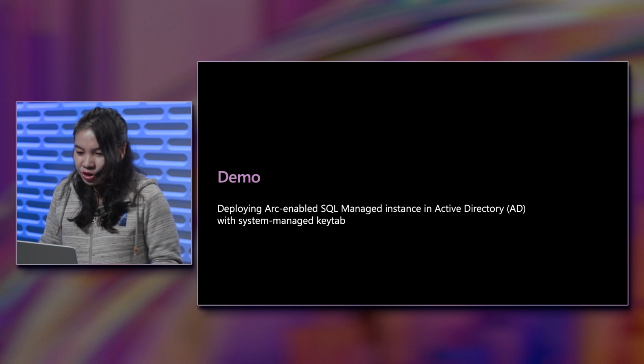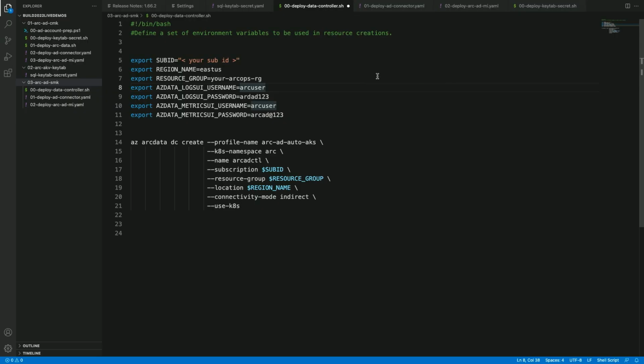Here we'll also be showing how to enable AD authentication in SQL Managed Instance using system managed Keytab mode, where we manage the Keytab generation, rotation, and some other key things. In this demo, I'll be showing how to enable AD authentication for SQL Managed Instance in System Managed Keytab mode. First things first is to deploy a data controller.